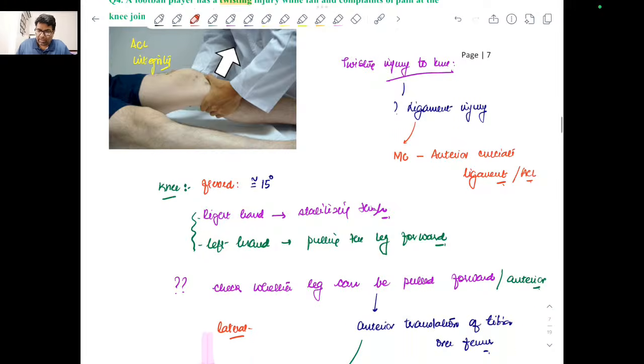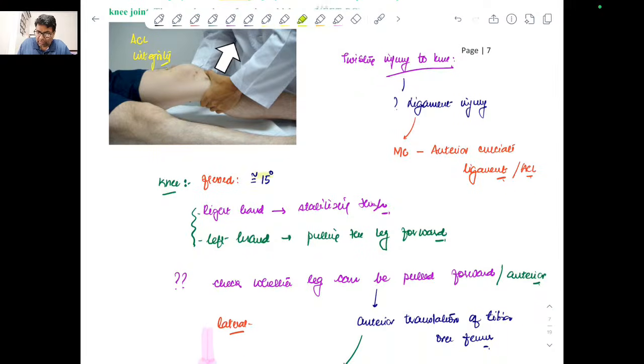Now, when the knee is flexed to only 15 degree and we are checking the integrity of the ACL, this test is known as Lachman's test. Okay, so in Lachman's test, the knee is flexed to 15 degree.